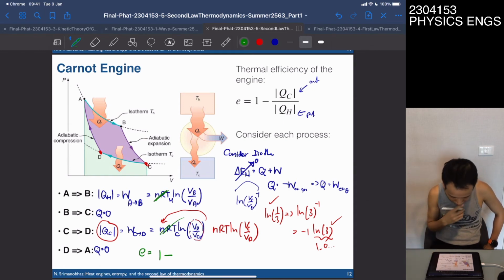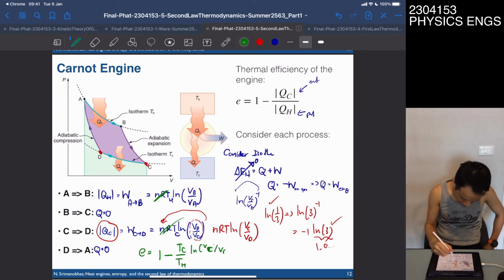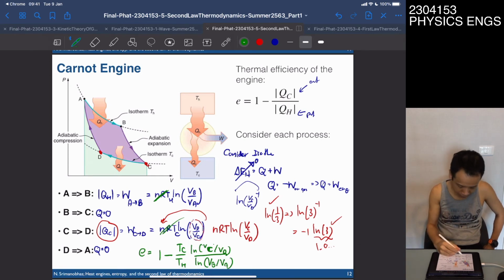So you have QC, which is TC over TH, and natural log of VC over VD divided by natural log of VB over VA. So we have this one.